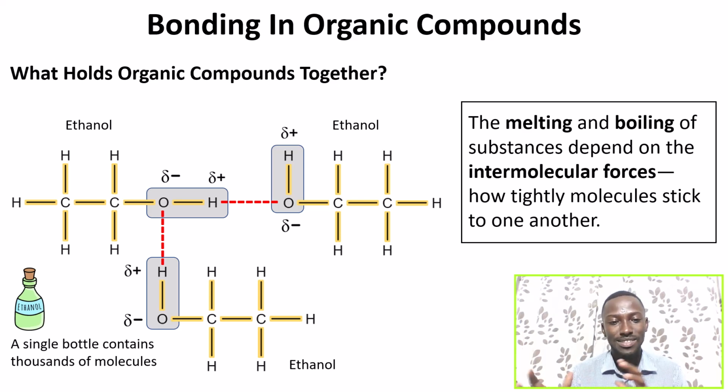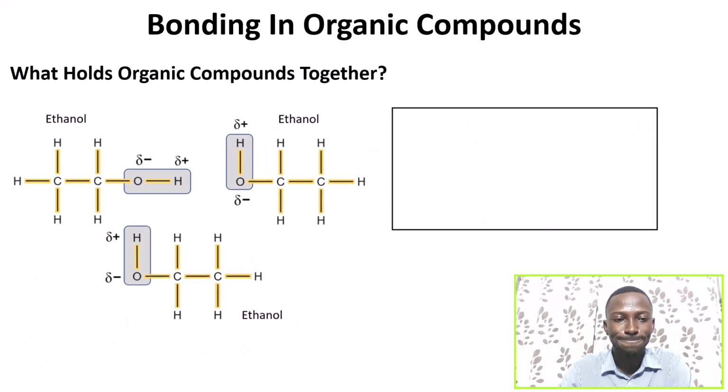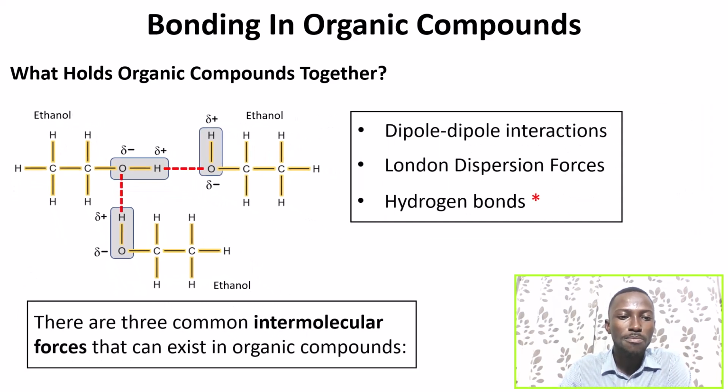Some extended families, their intermolecular forces are not strong, so with a little conflict they break apart. Good. Now we have three common intermolecular forces that can exist in organic compounds. What are they? Dipole-dipole interactions, London dispersion forces, and hydrogen bonds.